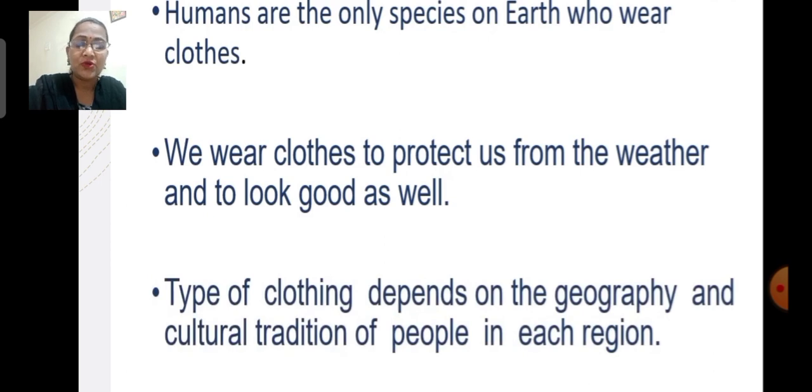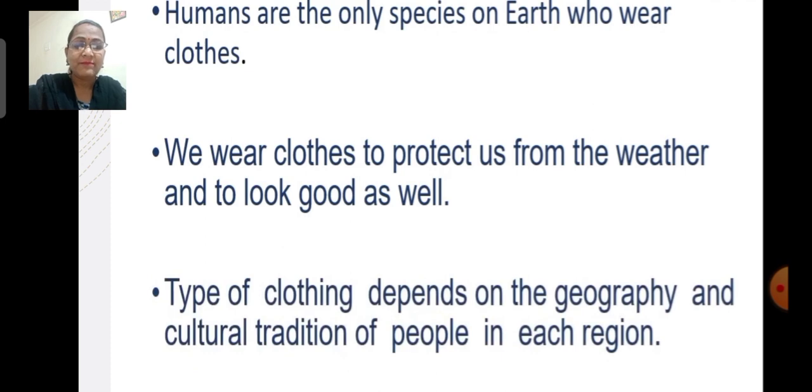Humans are the only species on the earth who wear clothes. We do not find any other living creature who wears clothes. Yes, even animals or trees or even birds don't wear clothes. And why do we wear clothes, children? We wear clothes to protect ourselves from the weather and to look good as well.